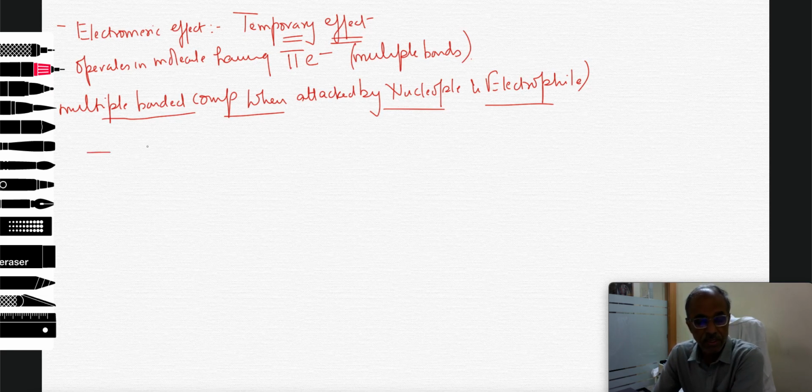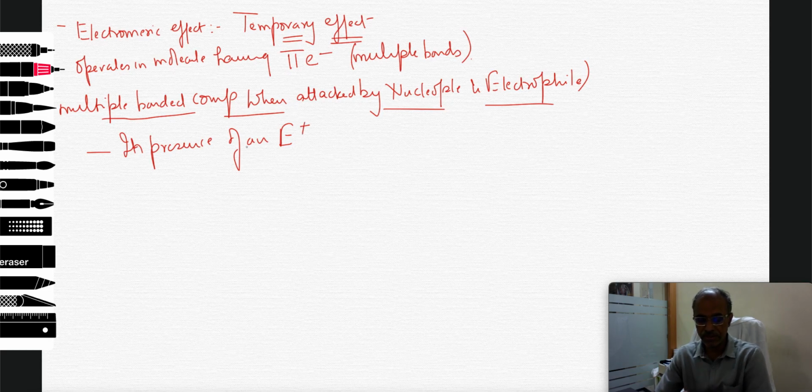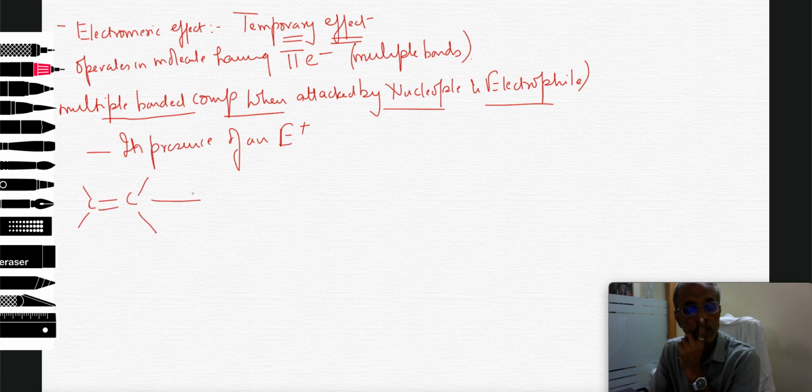Now, suppose in presence of an electrophile, which I will indicate by E plus as I told you previously, there is a shifting of electrons like that.